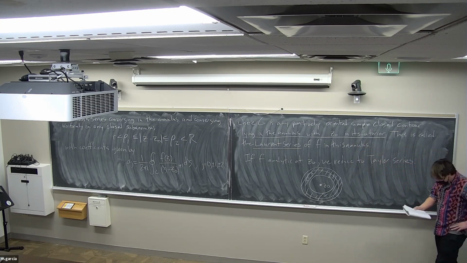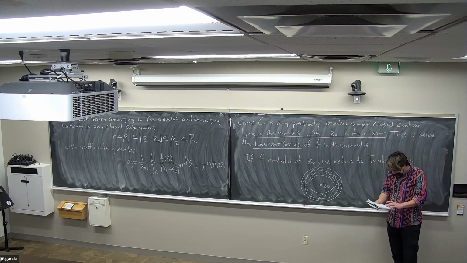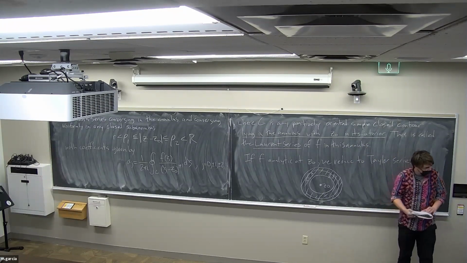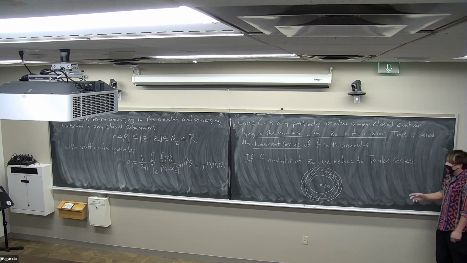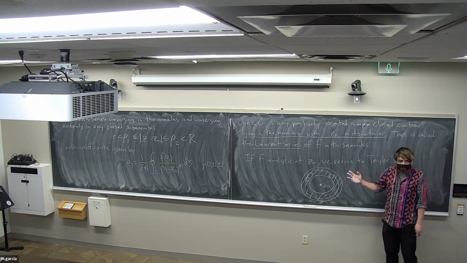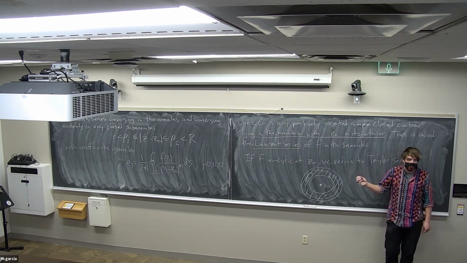Okay, we've got 3 minutes left. This picture is kind of complicated. Let me just say a couple things. I'm not going to write anything down. We'll essentially go about this the same way that we proved the convergence of the Taylor series to an analytic function.